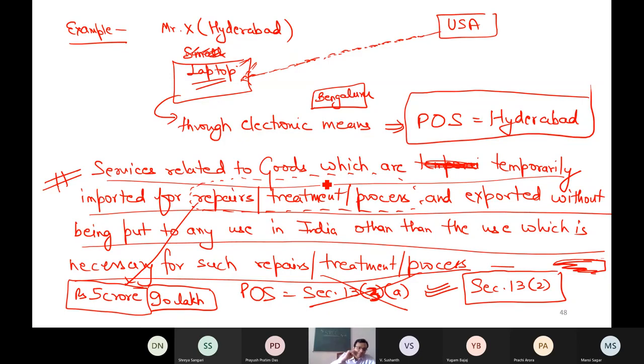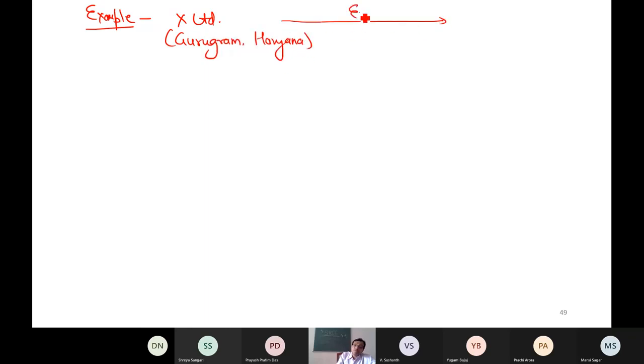And let me tell you one example also of this same point. For example, X Limited is in Gurugram, Haryana. And it supplied what? It exported. It's not that only we import, we also export something.